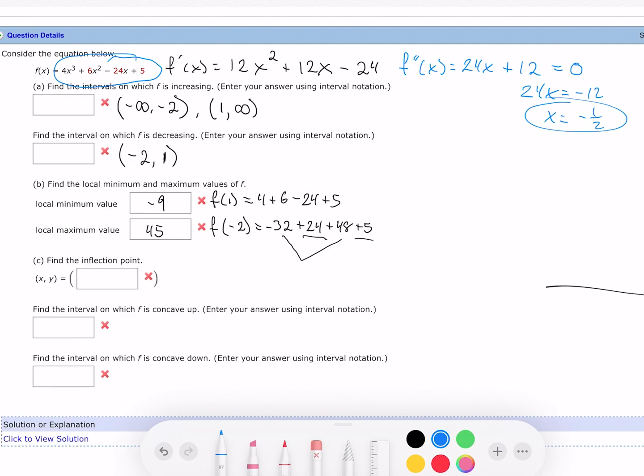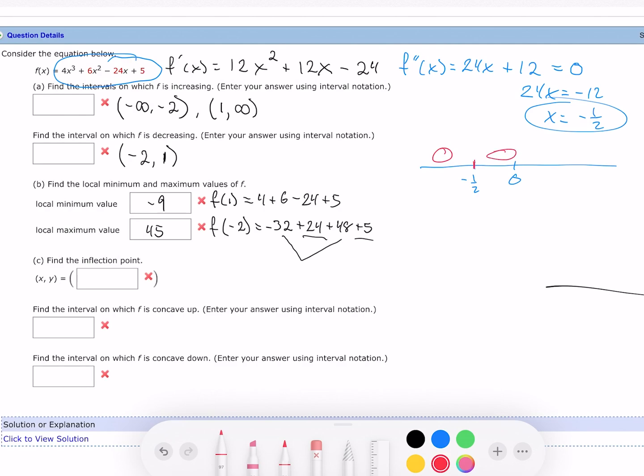So on my number line, here's x equals 0, here's x equals negative 1/2, and if I'm going to be changing concavity, then let's look at what's the concavity when we are to the left of this point and what's the concavity when we're to the right of this point.